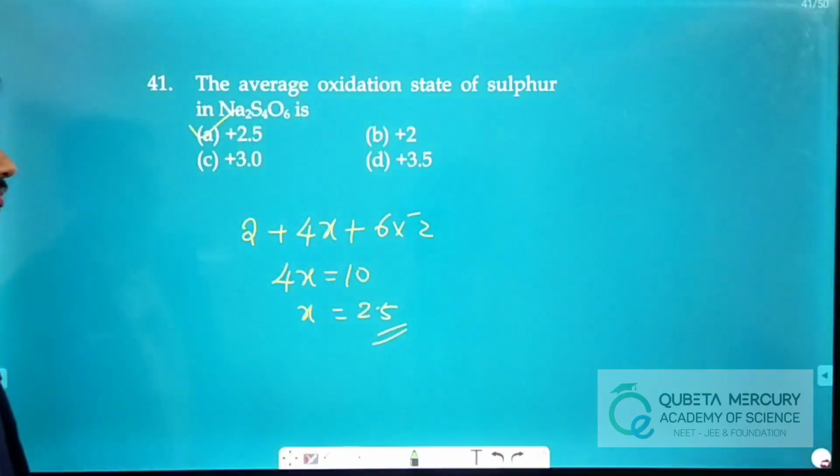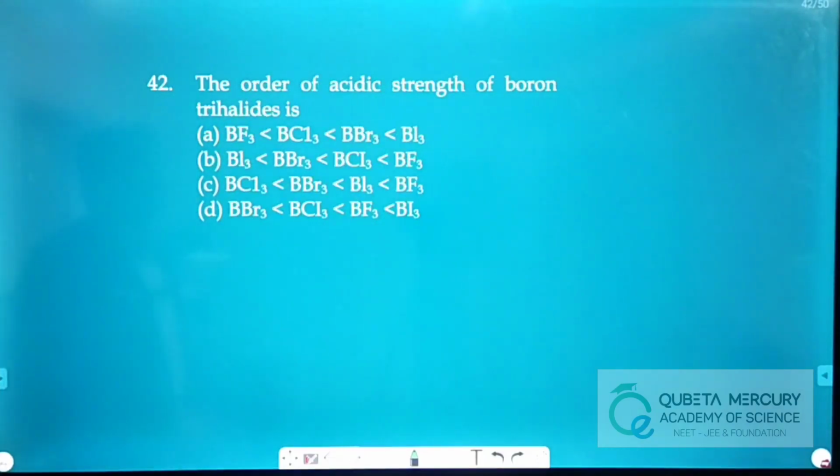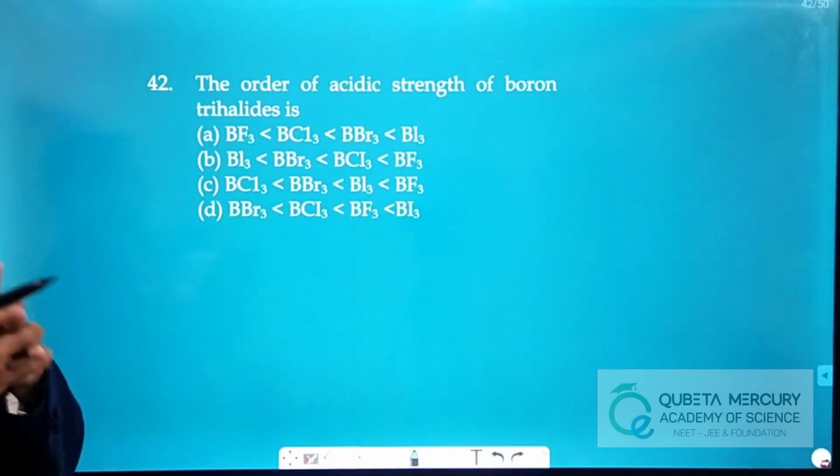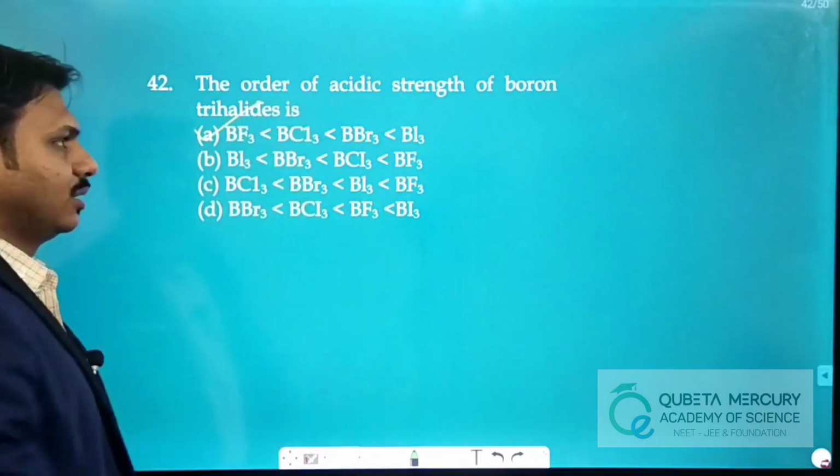A. I got it. Did you? The order of acidic strength of boron trihalides: the acidic strength of boron trihalide increases down the group, therefore the right option is the first one.